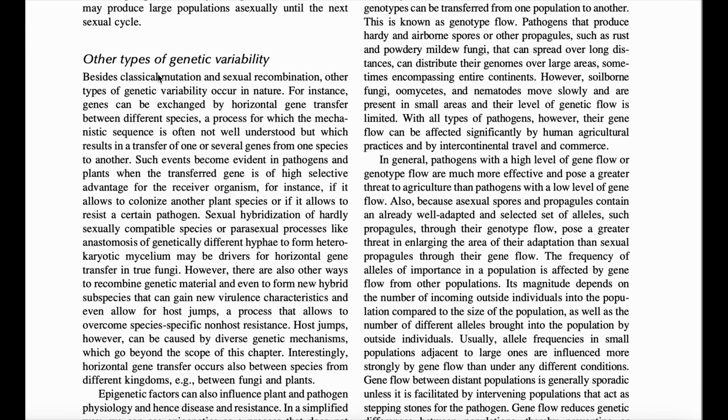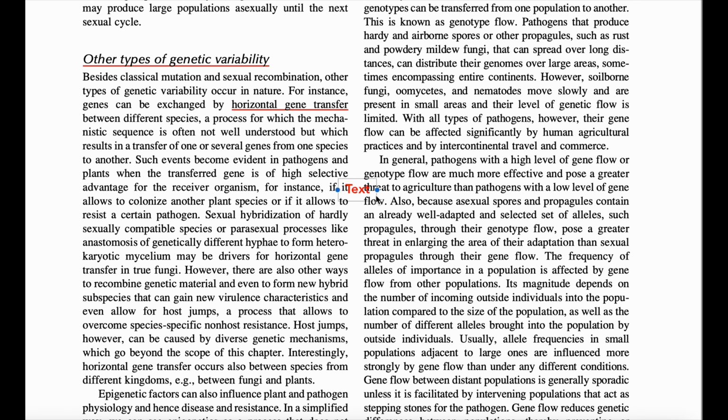What are the other types of genetic variability? One, mutation. Second, recombination. What is the other one? Let's see. Besides classical mutation and sexual recombination, other types of genetic variability occur in nature. For instance, genes can be exchanged by horizontal gene transfer, HGT.